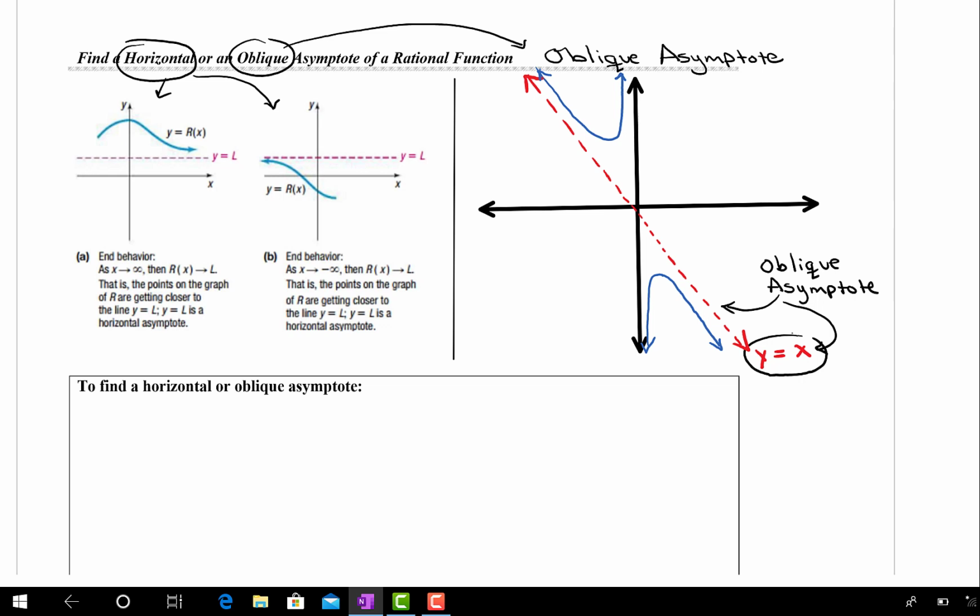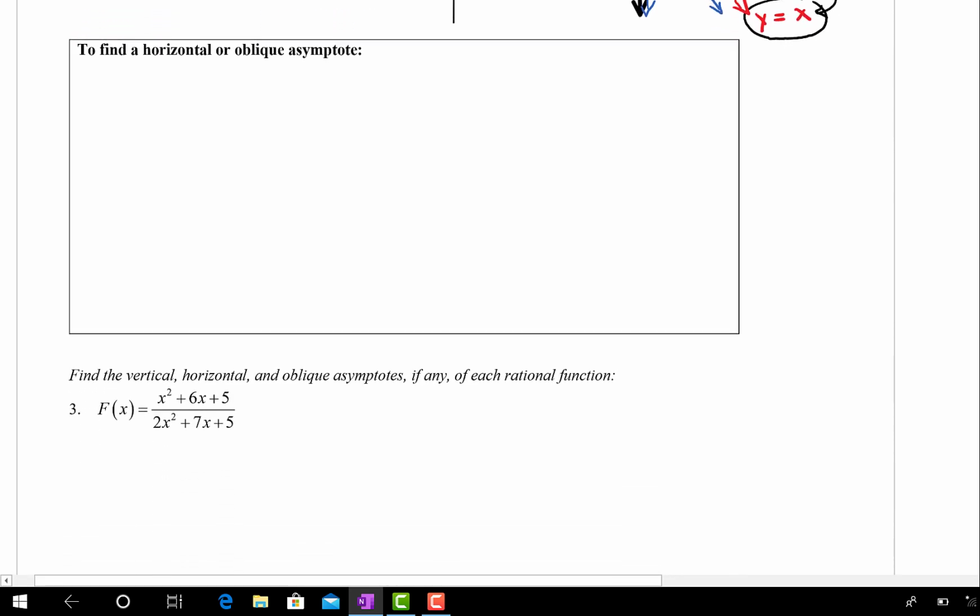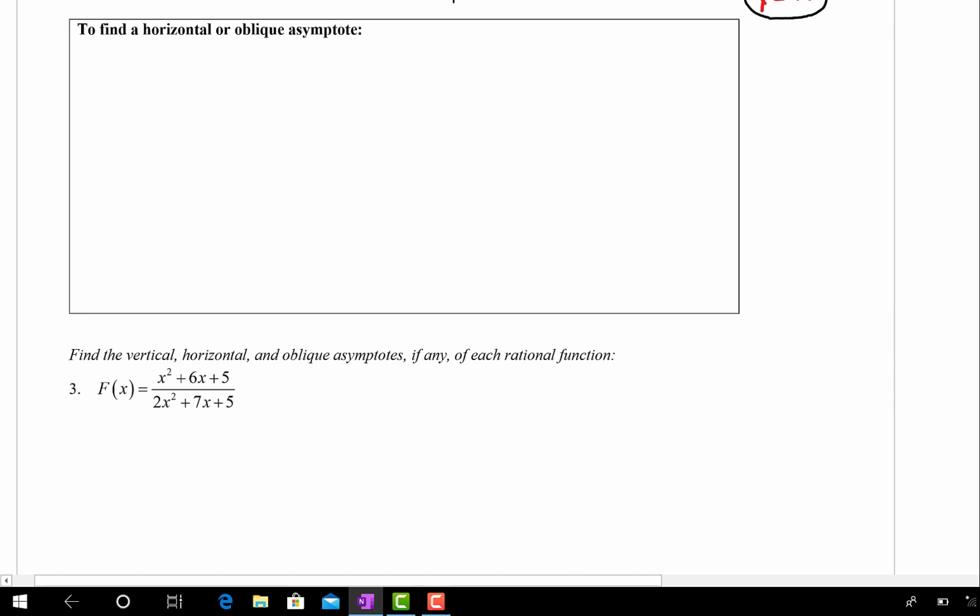Okay, let's talk about the directions for finding these horizontal or oblique asymptotes. I'm going to write out the instructions, or the steps you would take in order to find these. Let's first write down the general form of a rational function.